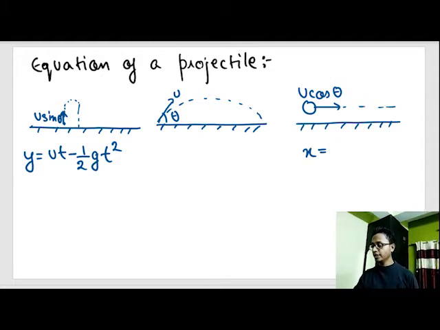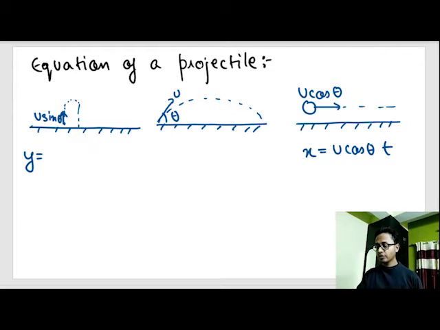Not ut, u cos theta t. And here u gets converted to u sin theta, so y is equal to u sin theta t minus half g t square.